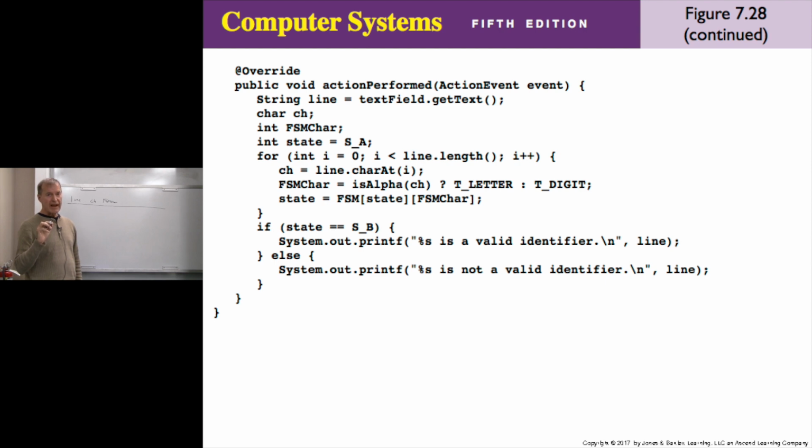And this state variable tells us in the computation what state we are in. Are you with me? So this is the state variable for this computation. So we have int state gets what? S underscore A.